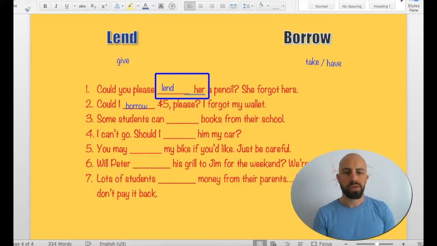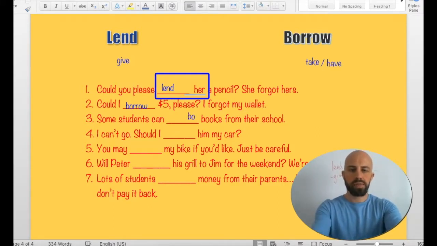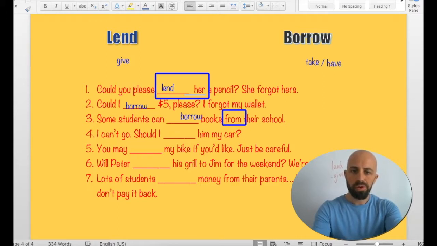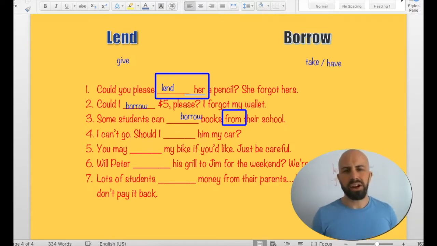Number three, some students can blank books from their school. Some students can borrow. And the key word that we see that we know it's borrow: from. From is a good key to know it's borrow. And I know some of you are thinking, oh, I can't think every time, is it from or to or blah, blah.